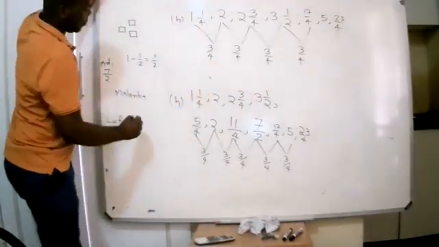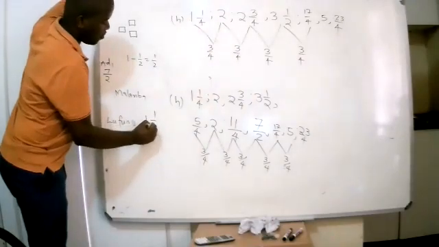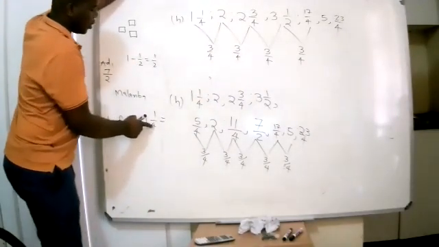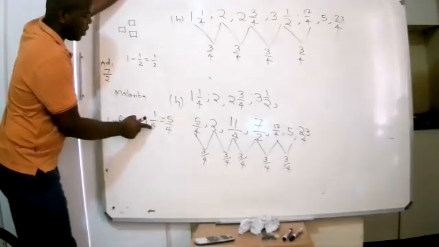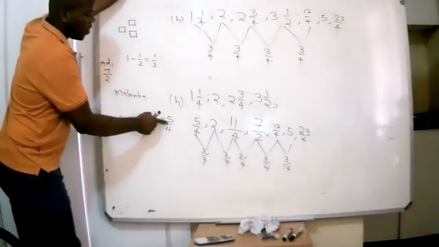Let's say we have 1 whole number 1/4. We know this is the same as 5/4. We obtain this by saying 1 times 4 plus 1. So it will be 5/4.